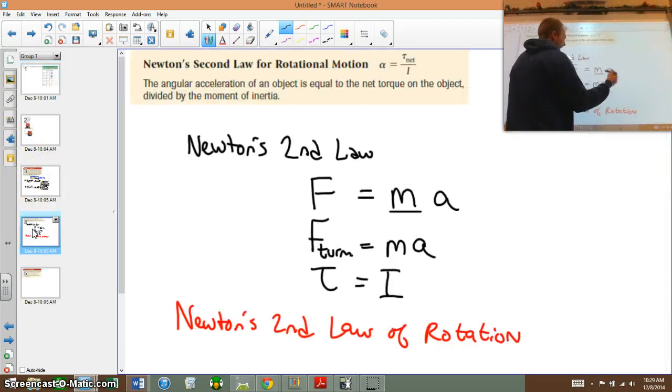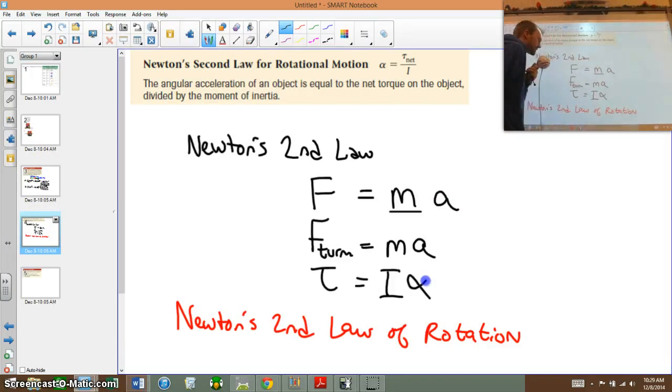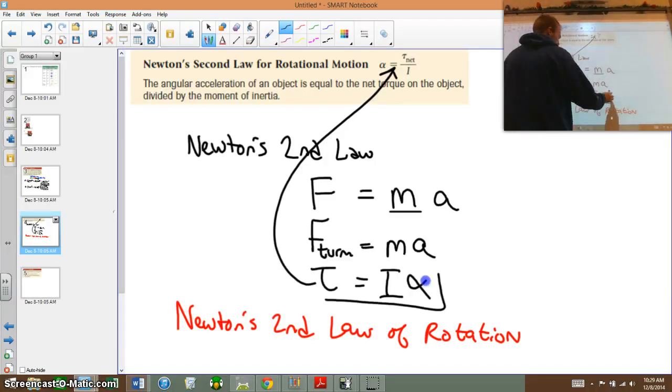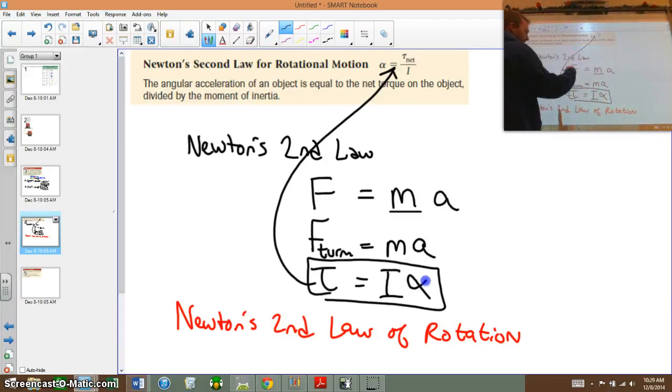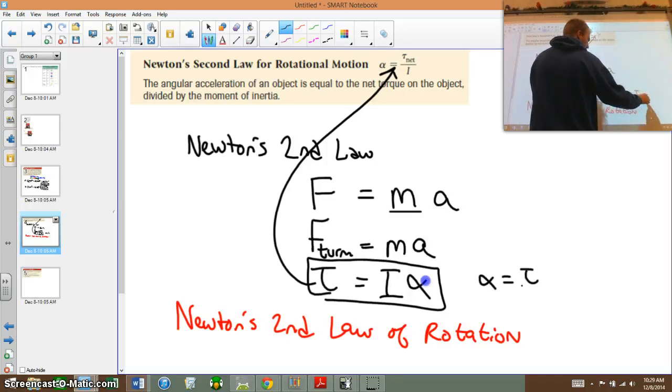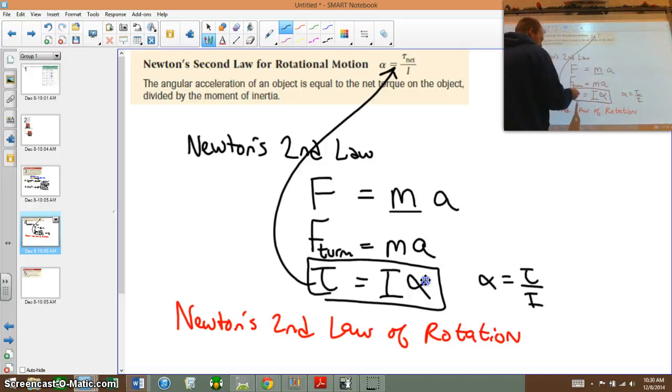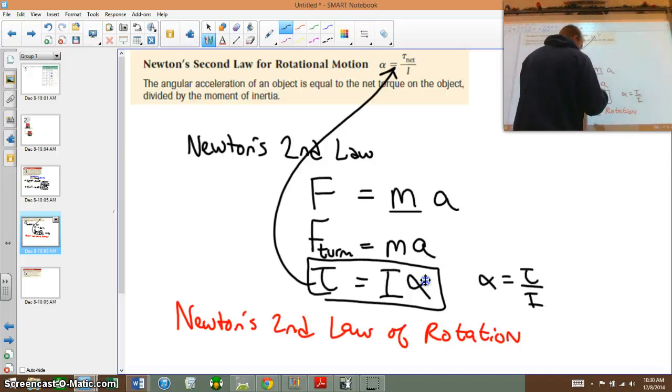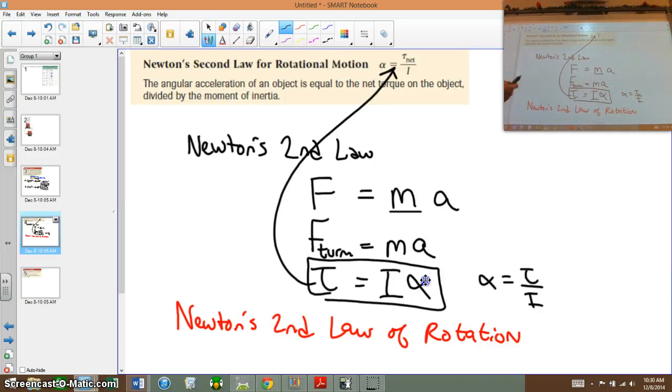And the angular acceleration is this. I know that your book will write it like that, but I prefer it like this. I just solve it for the letter alpha. So alpha equals torque over moment of inertia. And that's where they get it from. I like it like this because it's F equals ma in the rotational world.